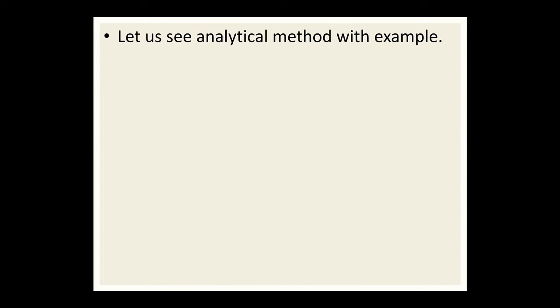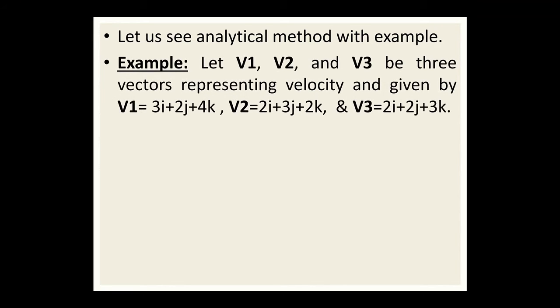Let us see the analytical method with an example. Let us consider three vectors v1, v2 and v3 which are written in terms of their x, y and z components. Here v1 is written as 3i plus 2j plus 4k, where 3i, 2j and 4k are the x, y and z components of v1.